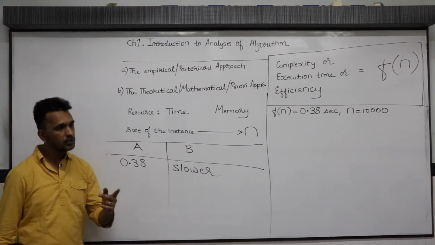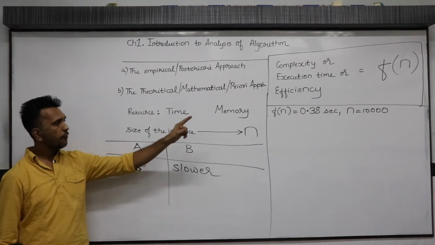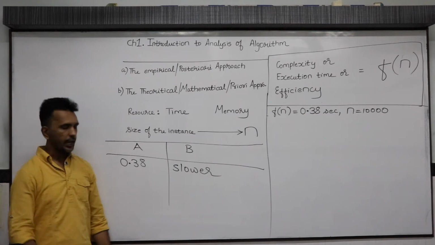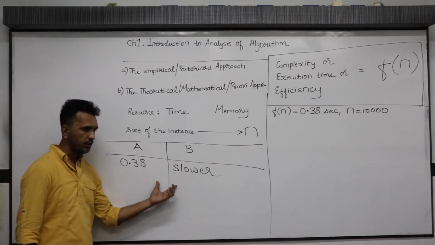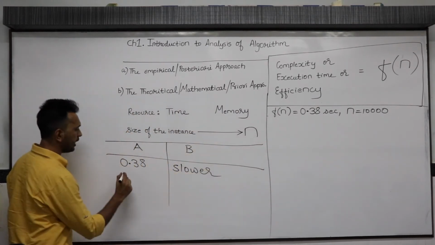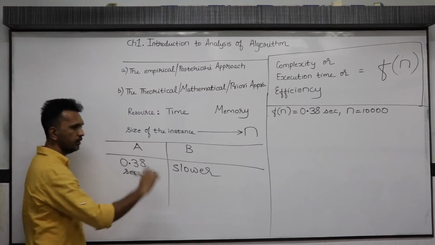So now I'll answer that question. Why is it machine dependent? The efficiency is machine dependent because in this situation we are measuring the execution time in units of time.